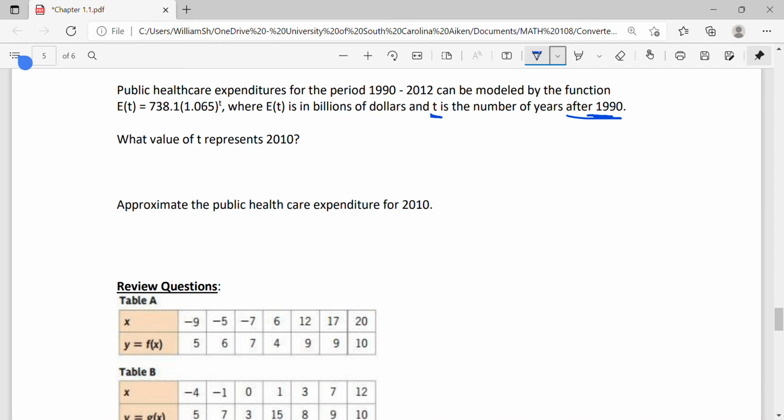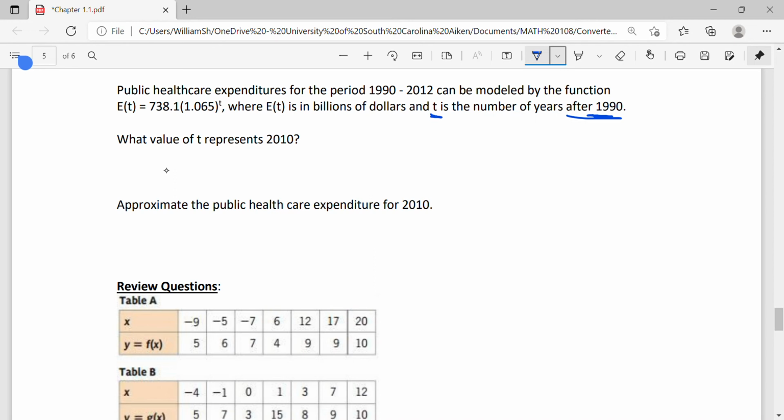Okay? So what happens here is they'll give you a different year to solve for after the problem, right? So in this problem, it says approximate the healthcare expenditures for 2010. But I can't just use 2010. If you notice, the previous problem says what value of t represents 2010.